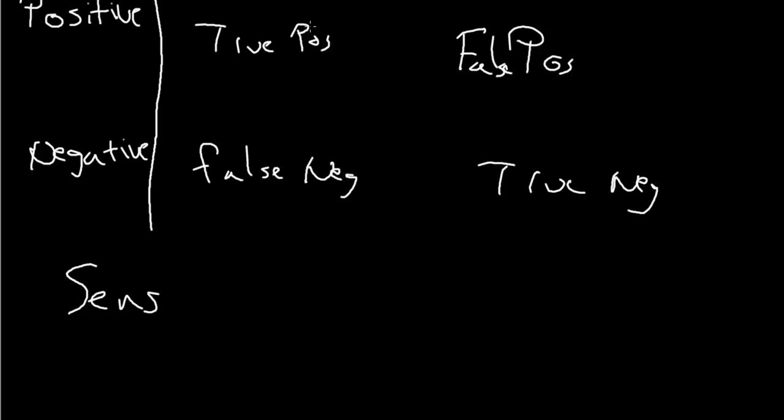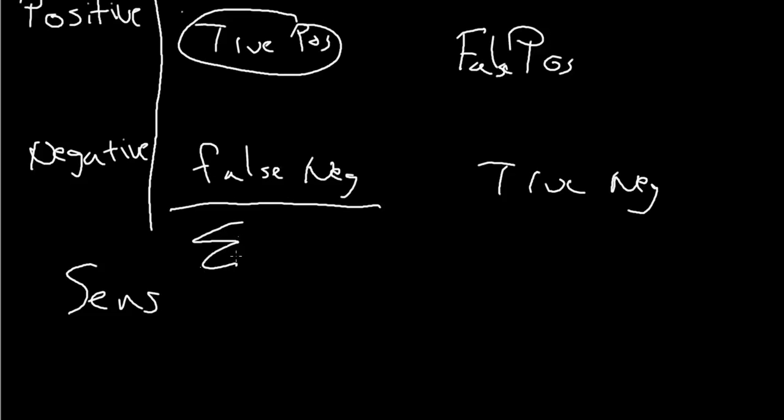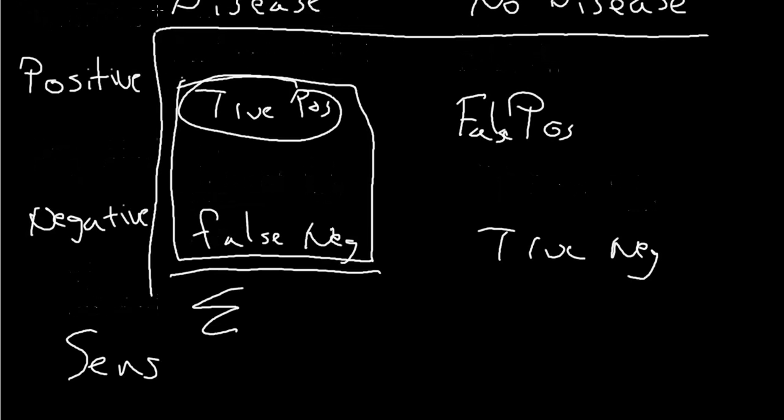Well, it is the true positives divided by the true positives plus the false negatives. So divided by this number right here. Okay, or to get away from mathematical symbols, divided by this number.